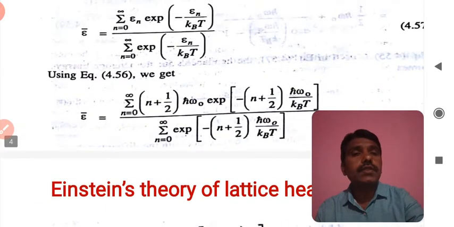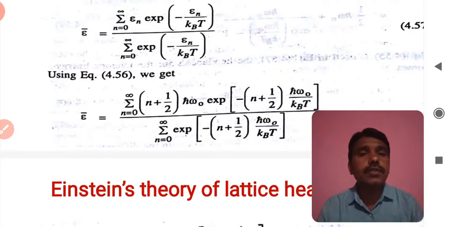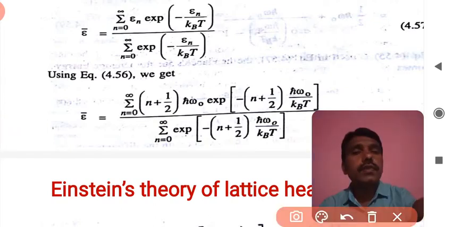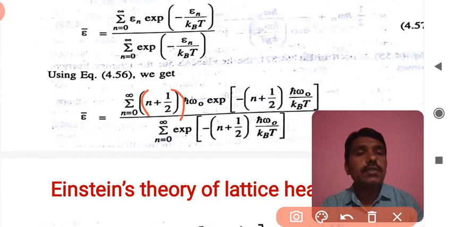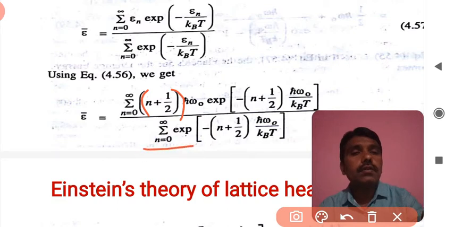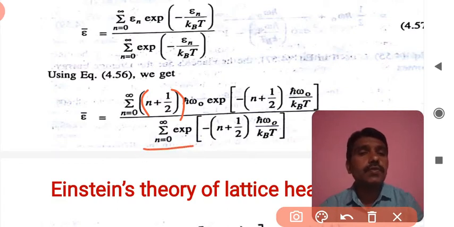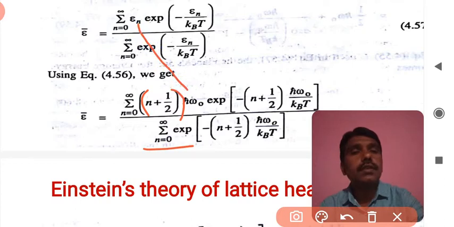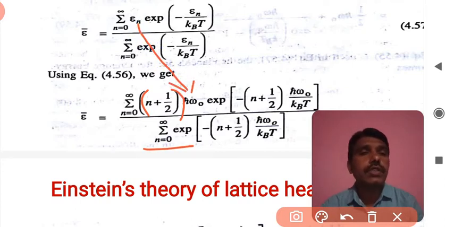It is epsilon bar equal to the summation of n equal to 0 to infinity of (n plus half) h cross omega 0 times exponential of minus (n plus half) h cross omega 0 by kBT, divided by the summation of n equal to 0 to infinity of exponential of minus (n plus half) h cross omega 0 by kBT. Here we put the epsilon n value into this relation, and we get the new relation.